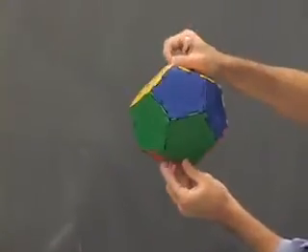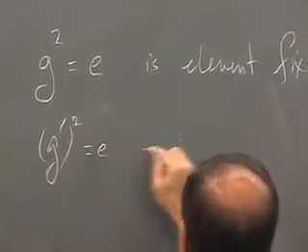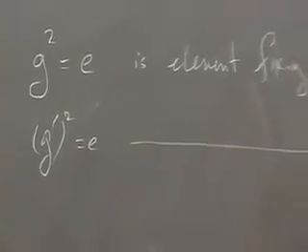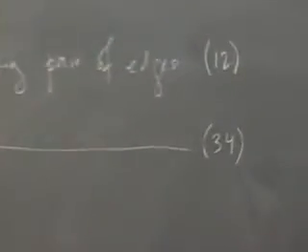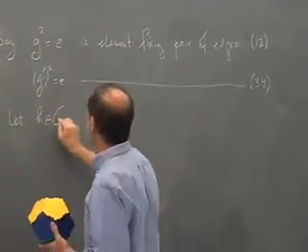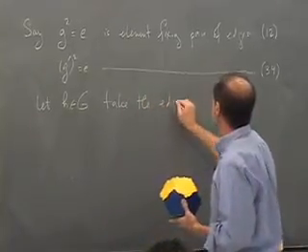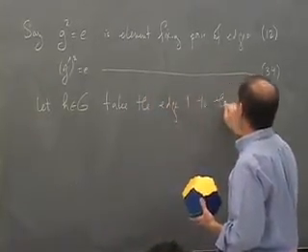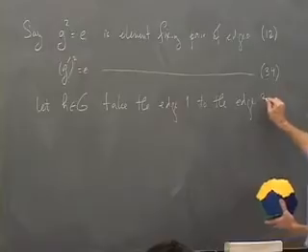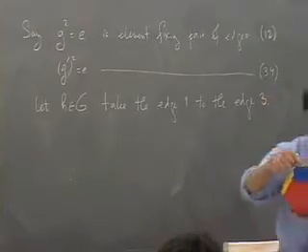And we have another pair of opposite edges, 3 and 4. g prime is an element fixing the pair of edges 3 and 4. Okay? Let h in G take the edge 1 to the edge 3. We know we can do that because the group permutes the edges transitively.